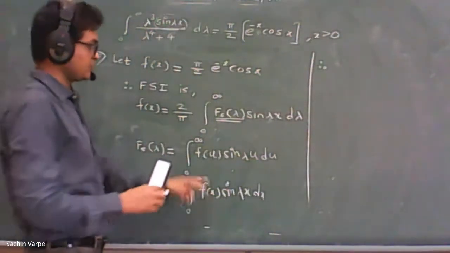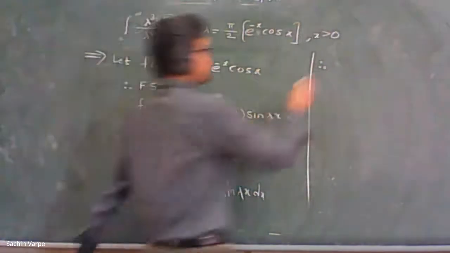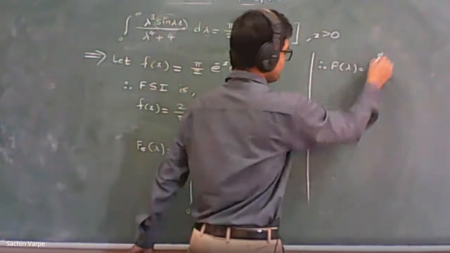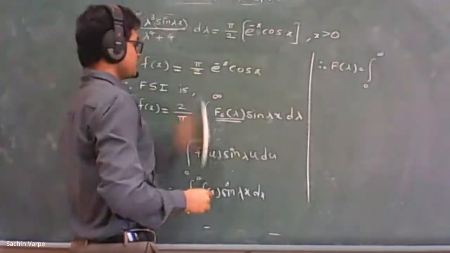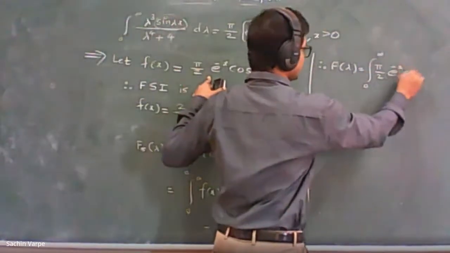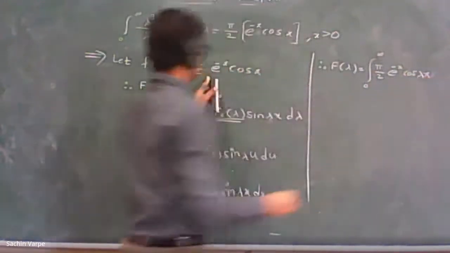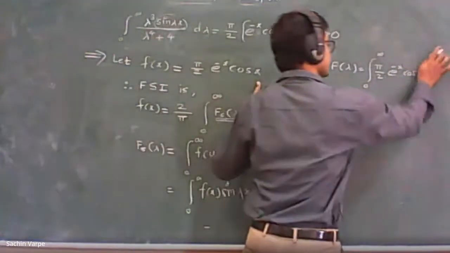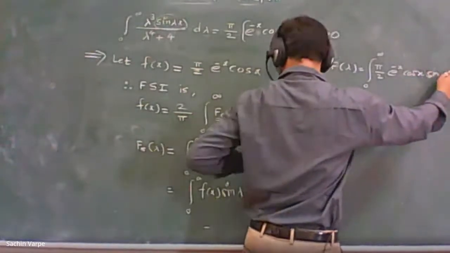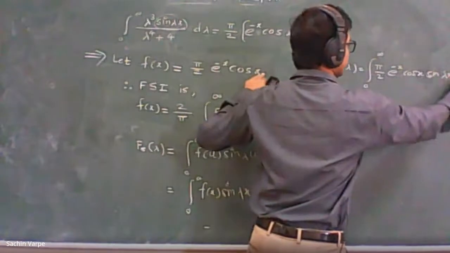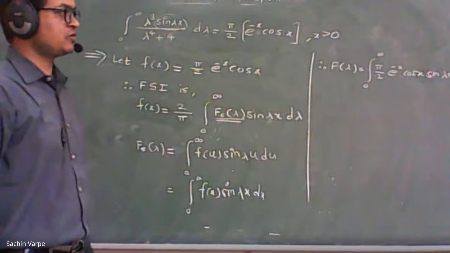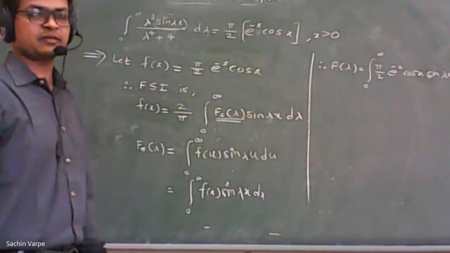Okay, so let us substitute that f of x into this integration. Therefore, f of lambda is equal to integration from 0 to infinity of f of x, where f of x is pi by 2 e to the power minus x cos x, times sine of lambda x dx.